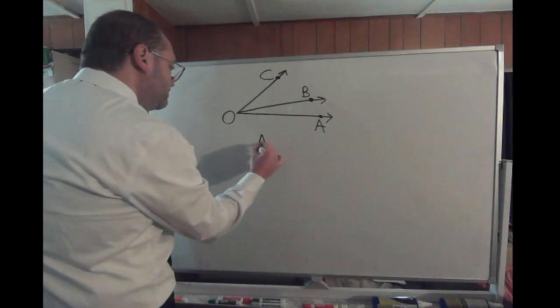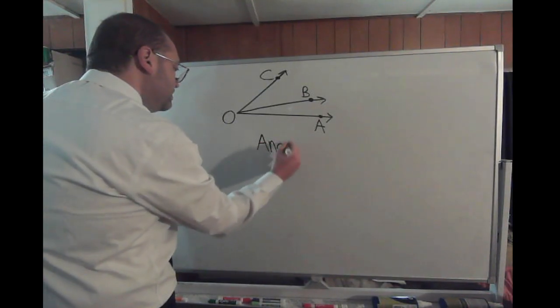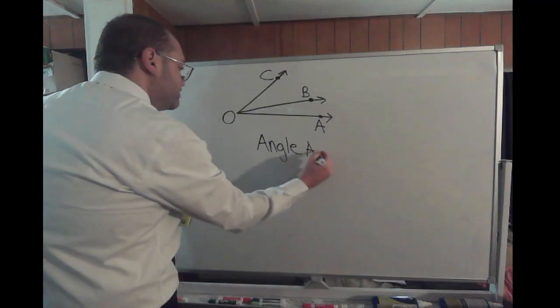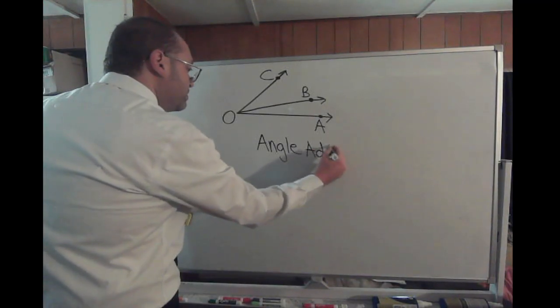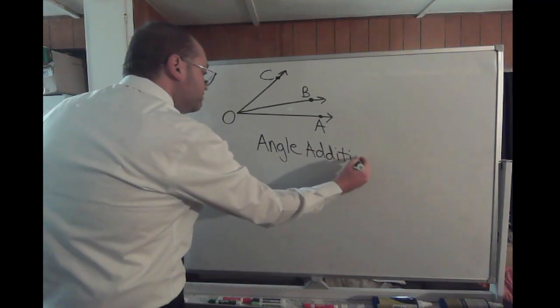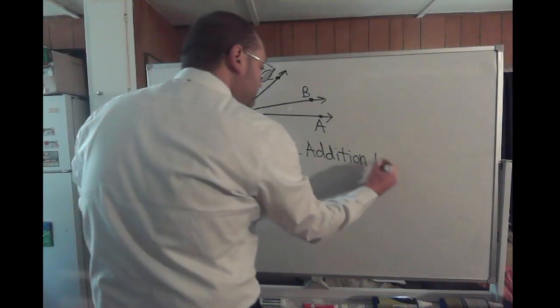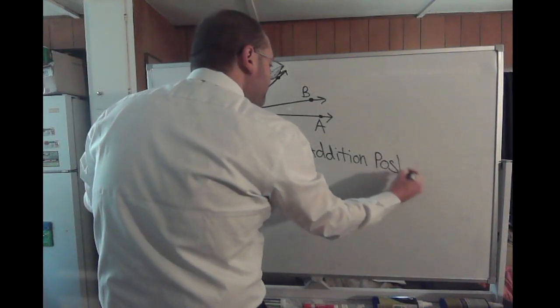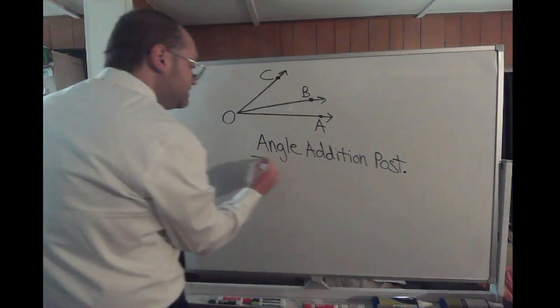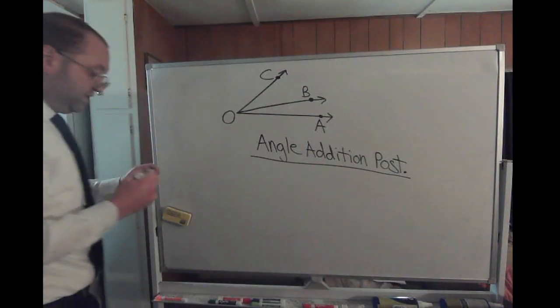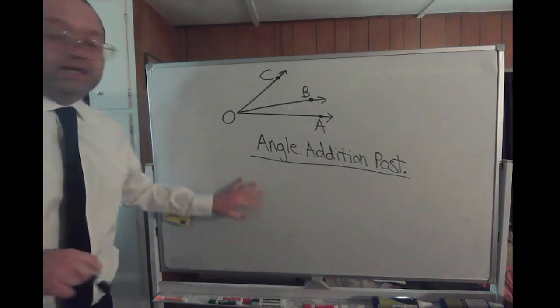Okay. Well, what we're about to talk about here, which I think we sort of touched on, but not quite. This is called the Angle Addition Postulate. We're going to talk about the Angle Addition Postulate. Alright. This one's going to seem like a lot of common sense, to be honest.